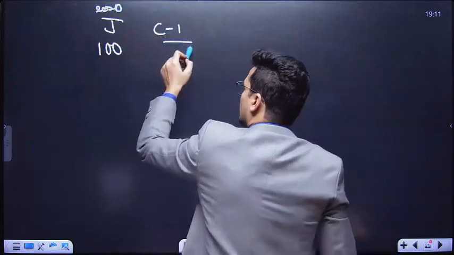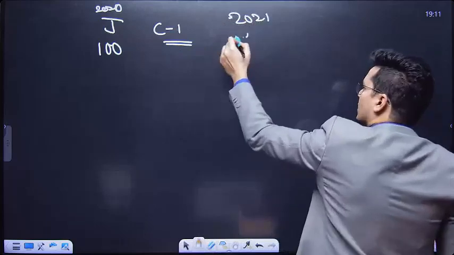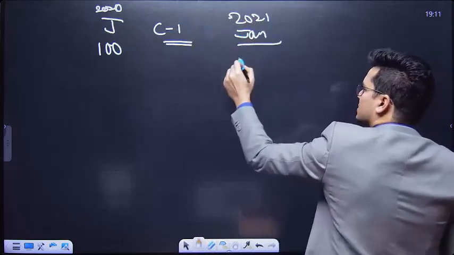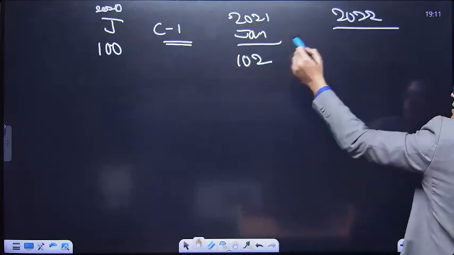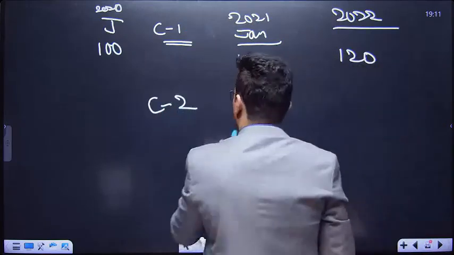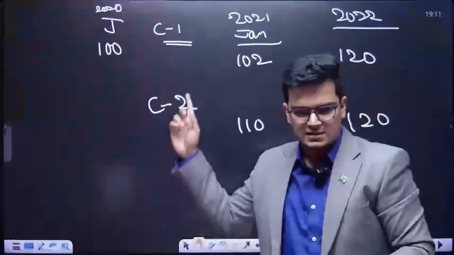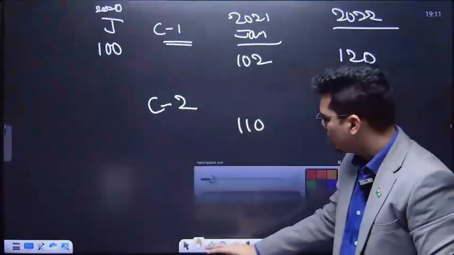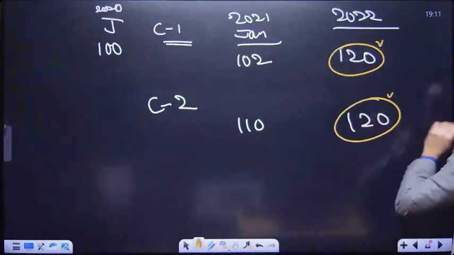Now let me look at case 1. Case 1, 2021 जनवरी में value becomes 102, 2022 में it becomes 120. Case 2, यहाँ पर it becomes 110 then 120. So in both these cases the final value is 120 only, right?